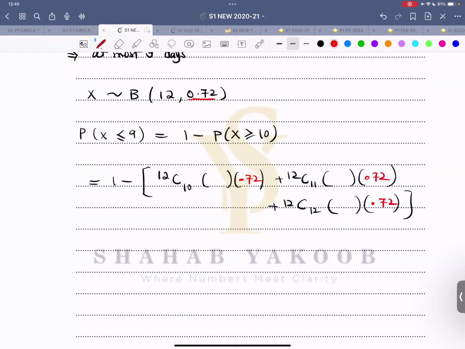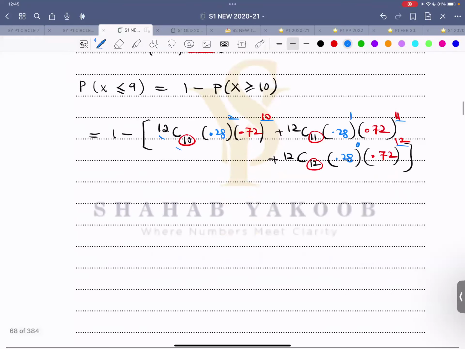This is 0.72 raised to power of 10, raised to power of 11, raised to power of 12. And probability of failure is 0.28, 0.28, 0.28 raised to power of the difference between N and R. So this is 10, this is 2, this is 11, this is 1, this is 12, this is 0. And then you use a calculator.